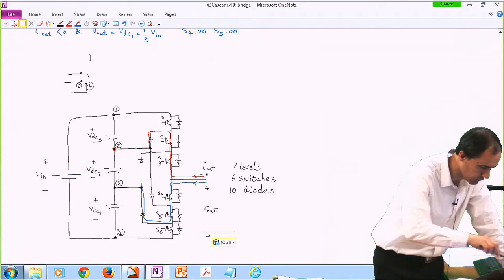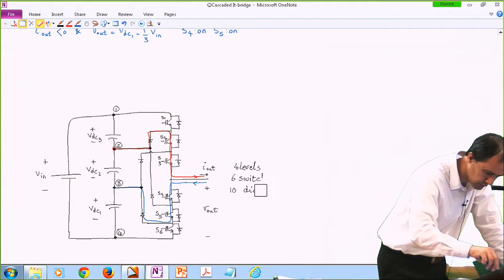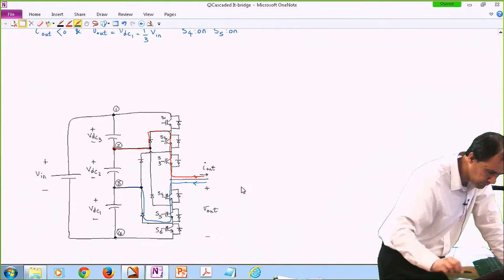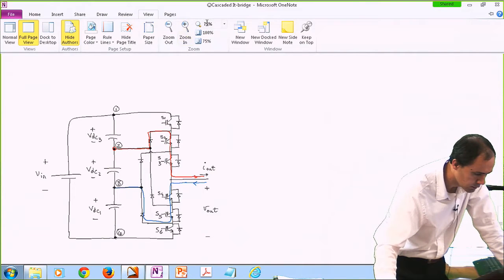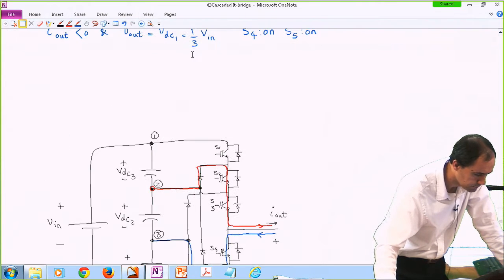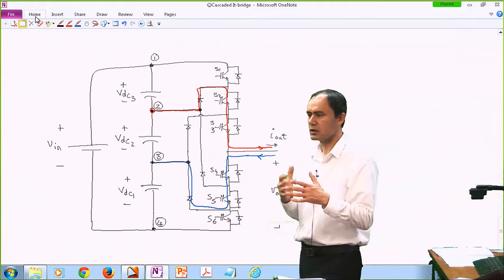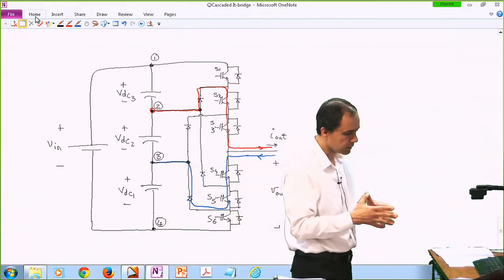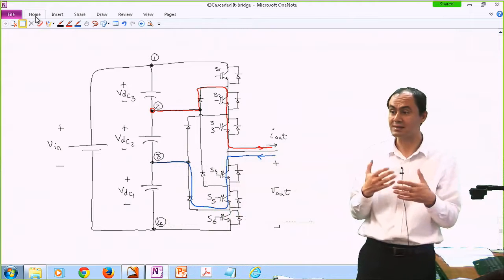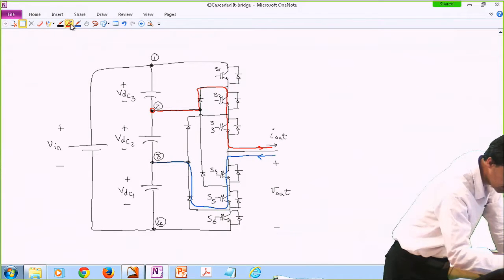Now I gotta erase the extra stuff. So if somebody asks you to sketch or plot the switches or the diodes, because we consider a diode as a switch as well, that are complementing each other, or forming a single pole double throw switch, your answer should be like this.